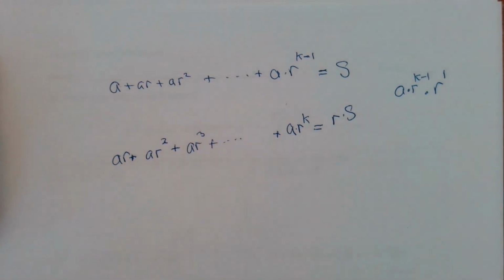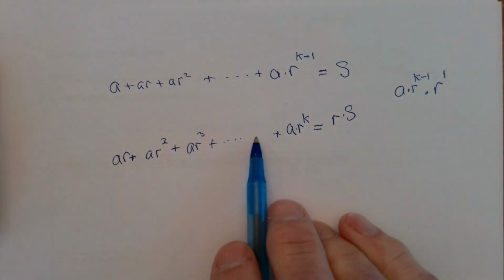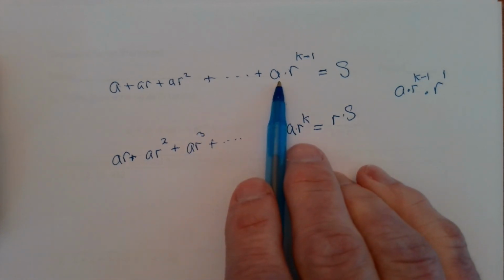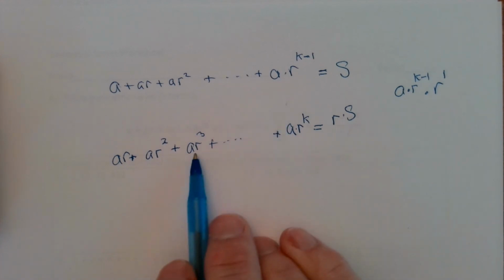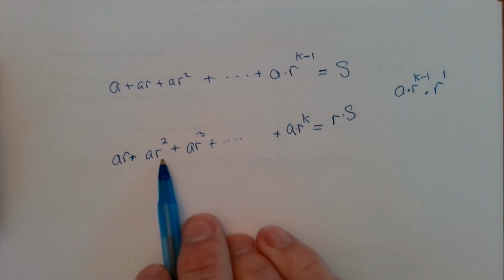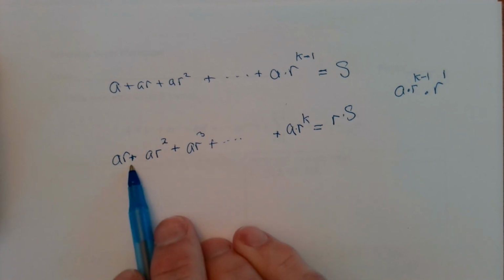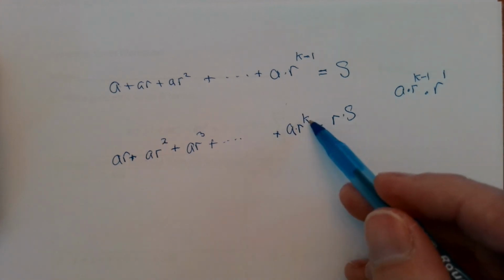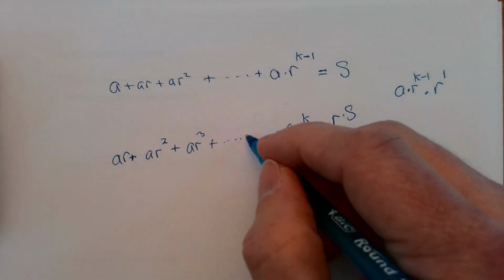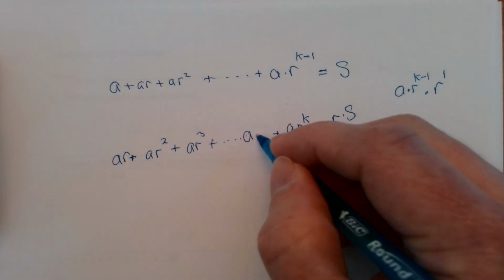Now, I also might mention that the term that comes right before this looks like that, because it's one lower. Whenever you look to the left, you get terms that are 1 power lower of r. So if this has a k power, the term right before it looked like this.